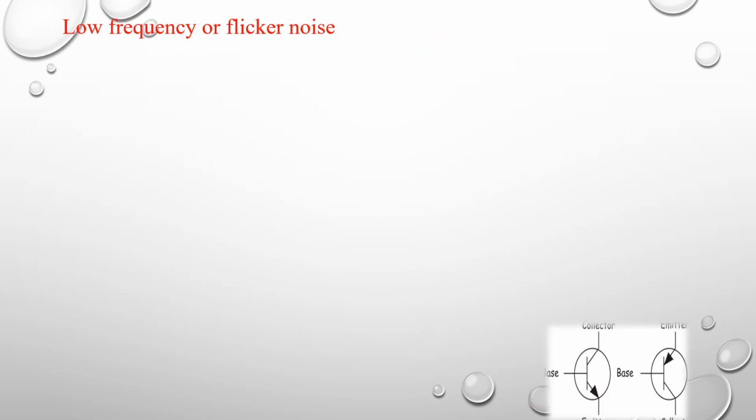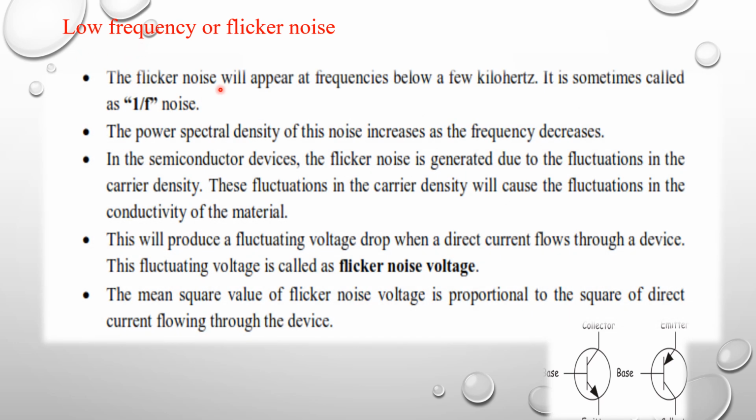Low frequency or flicker noise is an internal noise. The flicker noise appears at frequencies below a few kilohertz. It is sometimes called 1 by F noise. The power spectral density of this noise increases as the frequency decreases.